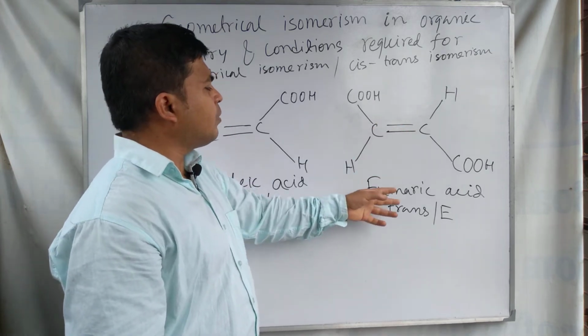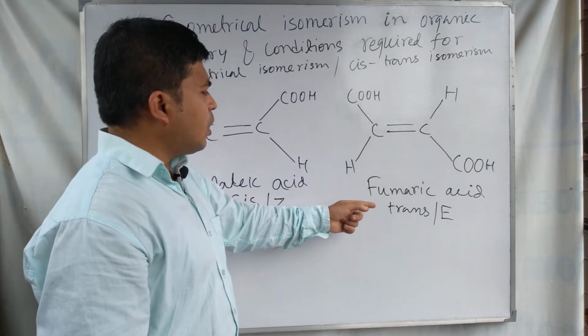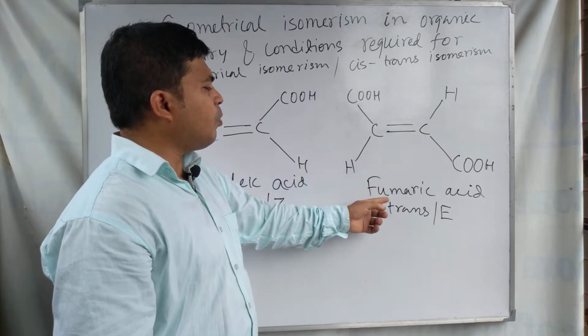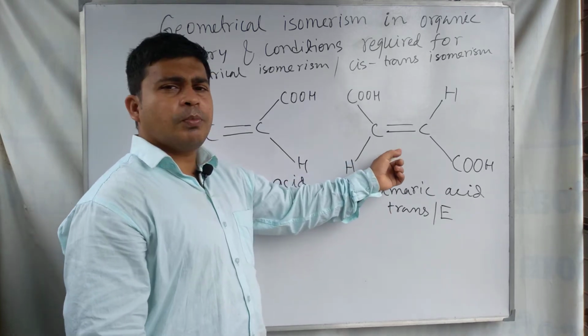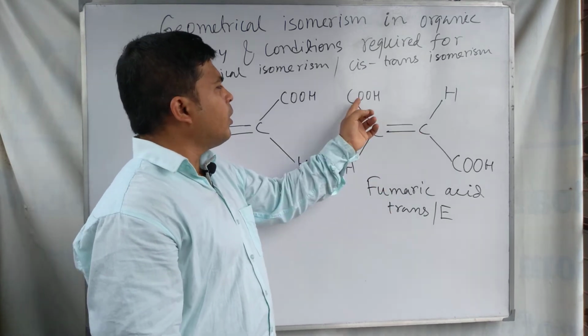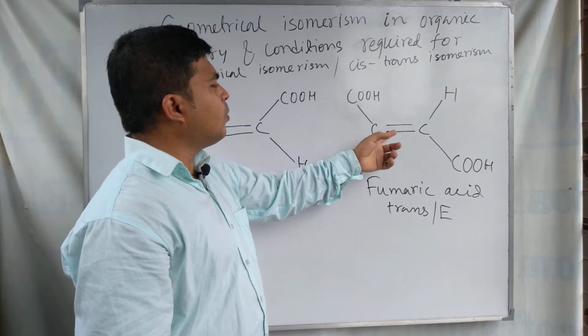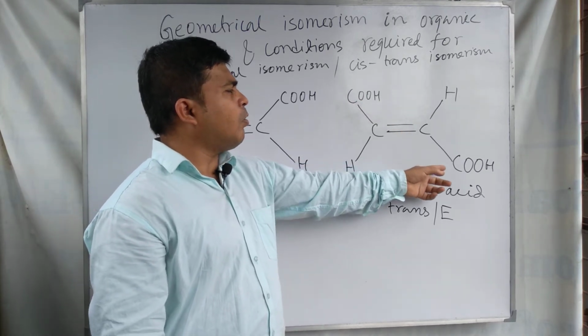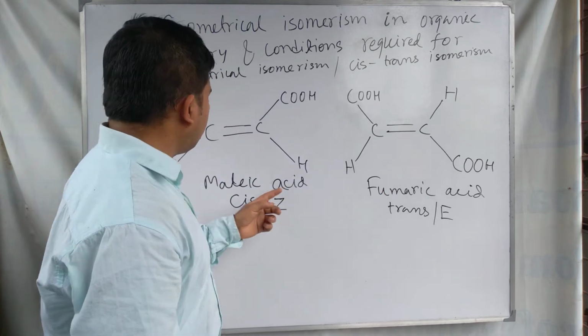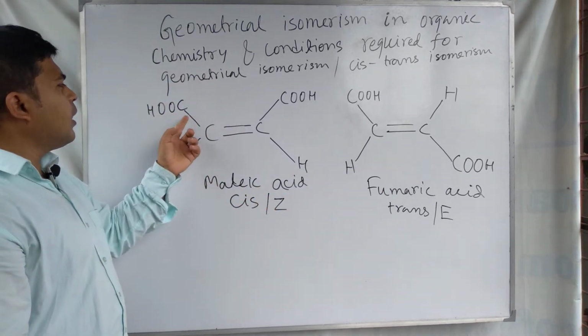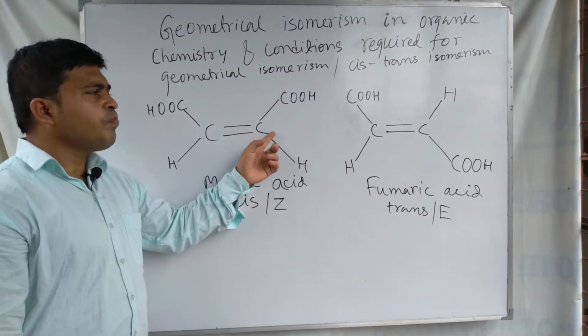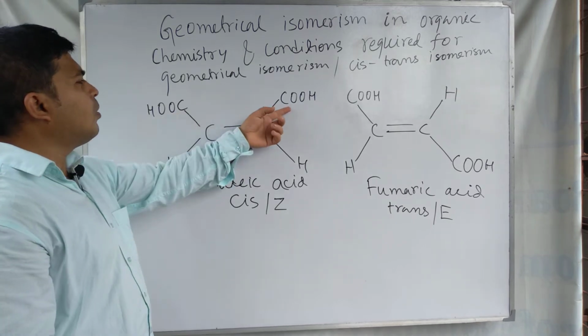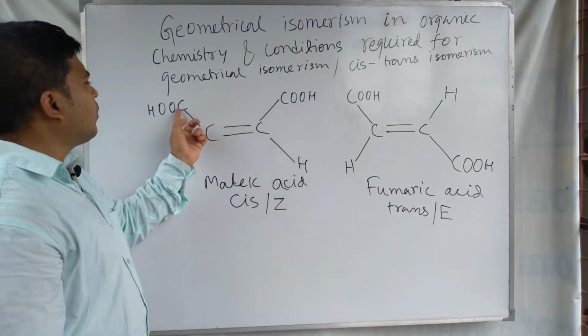So look at this example of fumaric acid. In fumaric acid, around the double bond, the spatial arrangement of the COOH groups is opposite to each other, and in maleic acid, around the double bond, the spatial arrangement of the COOH groups is on the same side.